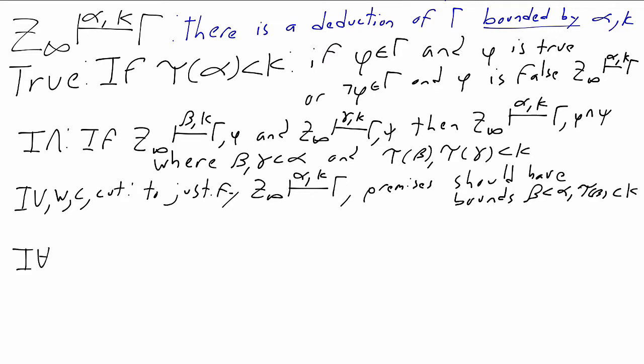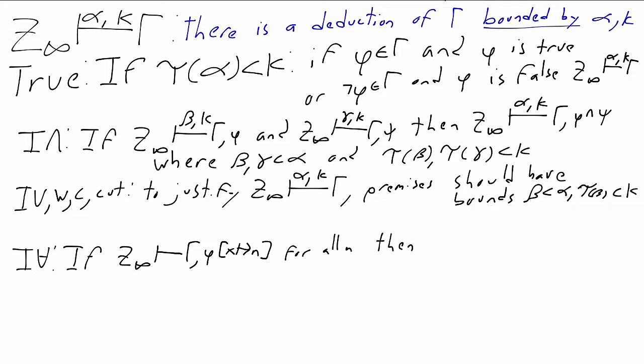Remember, to deduce gamma with for all x phi, we're supposed to have, for every n, a deduction of gamma with phi of x replaced by n. If our deduction of for all x phi has bounds alpha k, then for each n there should be an ordinal beta n, which is less than alpha and not too complicated, so that Z infinity deduces gamma with phi where x is replaced by n.